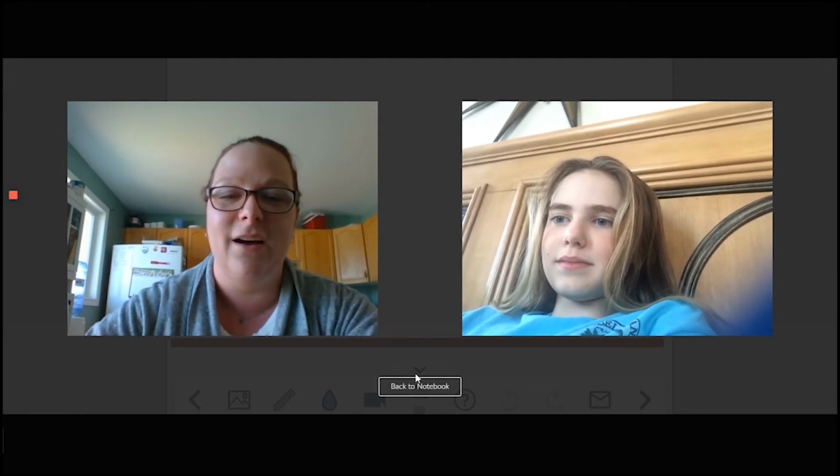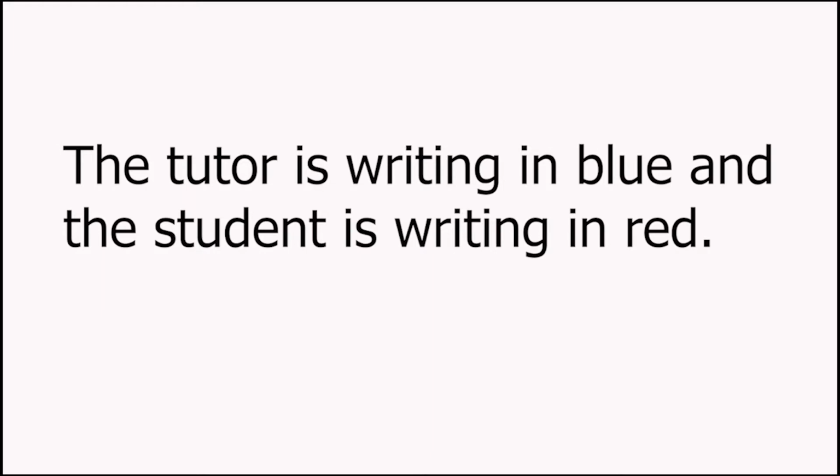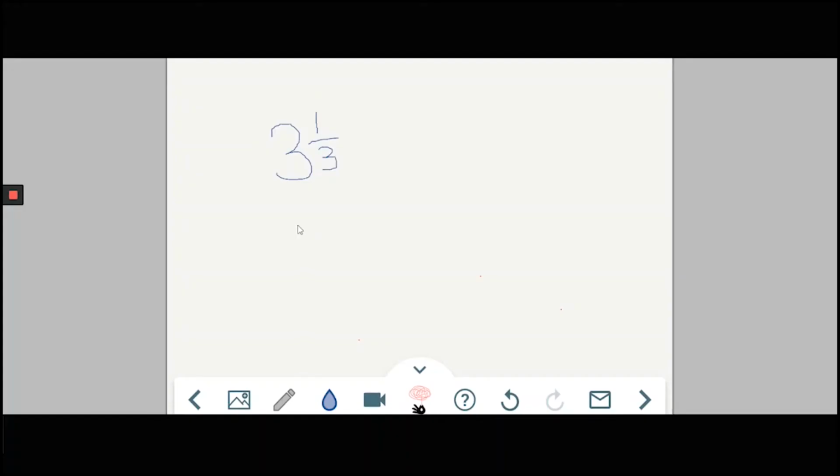Let's take a look at our notebook. When we have a proper fraction, it would be something like 1/2. What tells us that this is a proper fraction is that the numerator, our top number, is smaller than our denominator.